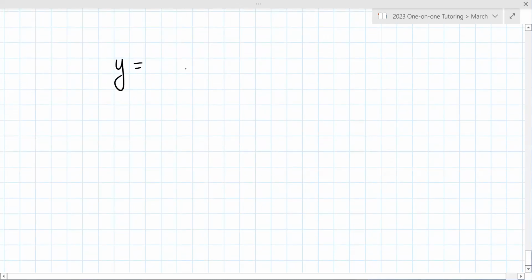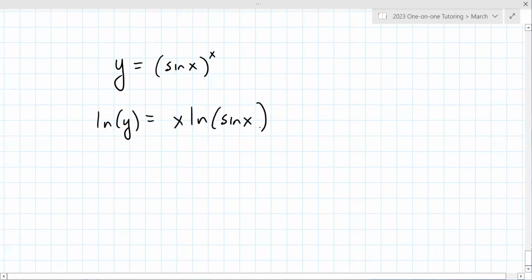You set y equal to sine x to the x, you take the natural log of both sides, and you get x natural log sine x. The issue is you have to rewrite this, and you're really limited with what you can rewrite it as, because you need a top and a bottom.